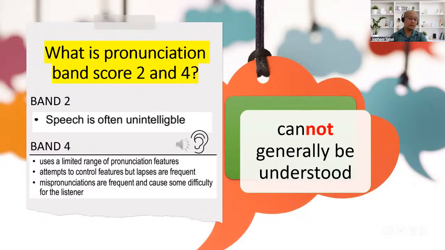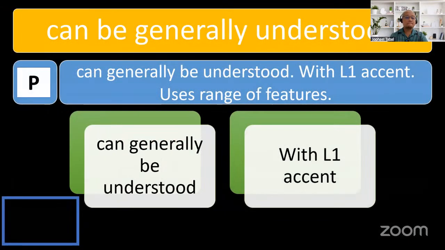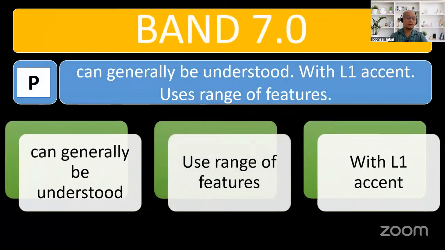Mispronunciations are frequent and cause some difficulty for the listener. From that model answer, the pronunciation band score is probably around band 2, as the speech cannot generally be understood, and there is also a strong L1 accent.